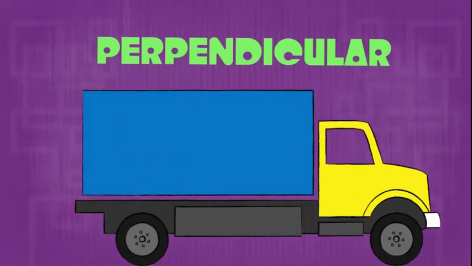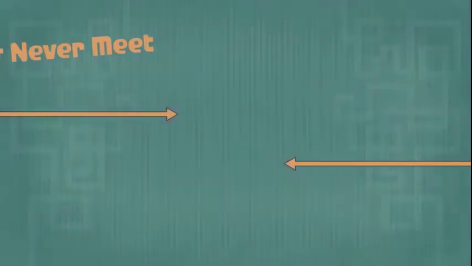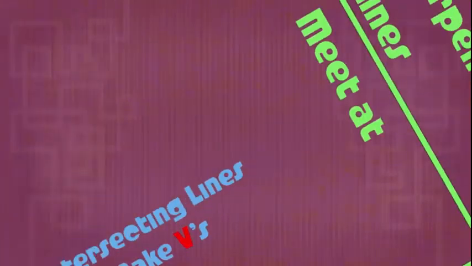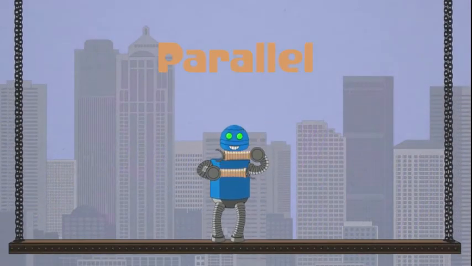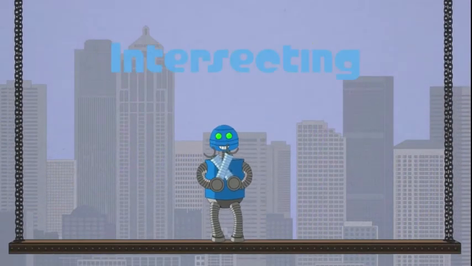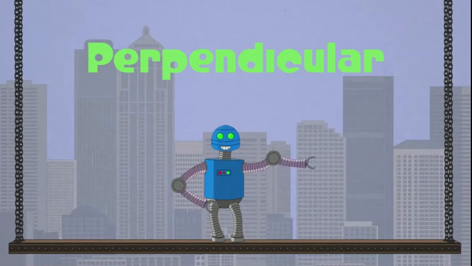Or let's break it down even simpler. They make right angles in particular. Parallel lines never meet. Intersecting lines make these. Perpendicular lines meet at 90 degrees. Put your hands in the air with me. Parallel, intersecting, perpendicular, they're rectangular.